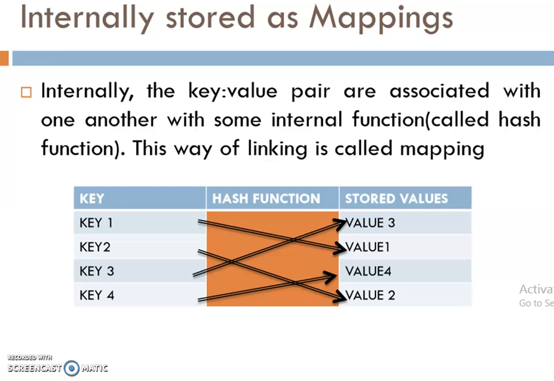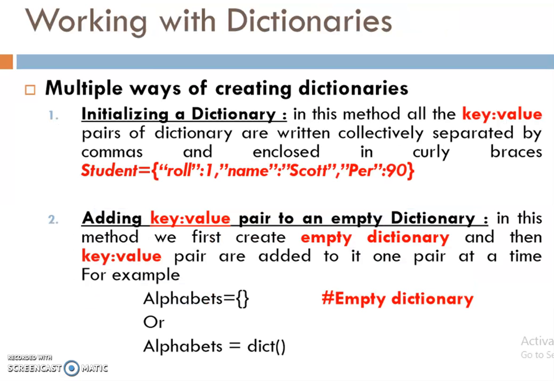So the next topic is working with dictionaries. There are multiple ways of creating dictionaries. First one, initializing a dictionary. In this method, all the key value pairs of the dictionary are written collectively, separated by commas and enclosed in curly braces. We already said how to initialize a dictionary.